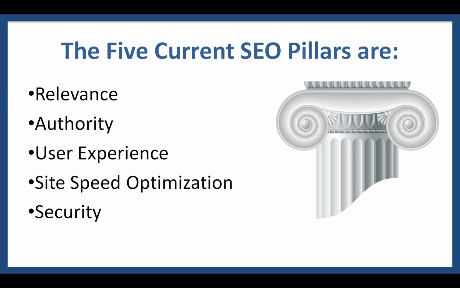Authority can be what your connections are on the web. You can think of the SEO ranking of a site as kind of like a democracy when it comes to authority.